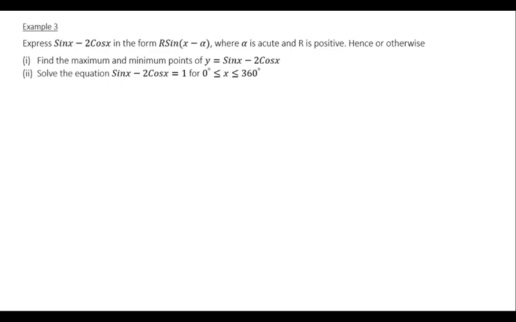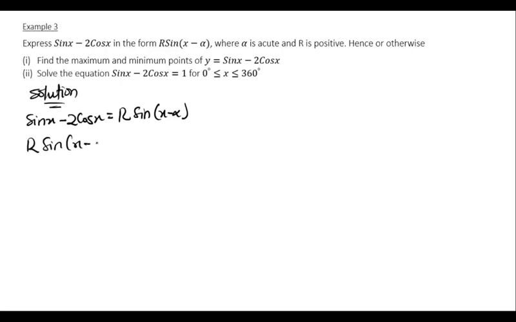Alright, so let's go ahead and write down our solution. So we are to express sine x minus 2 cos x in the form r sine x minus alpha. Okay, so first of all, we expand what we have over here.